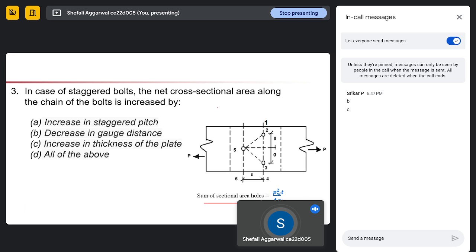Normally, our cross-section is given by B into thickness, and B is decreased due to our bolt holes. But this effective area is increased by this formula. Looking at all these options, what do you think is the correct option? Check from this formula.